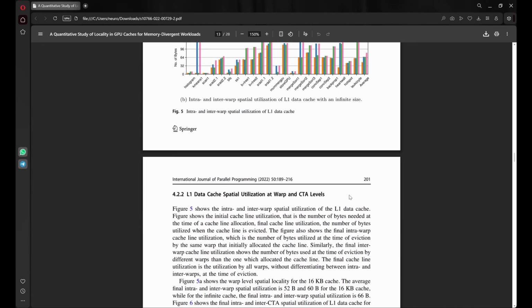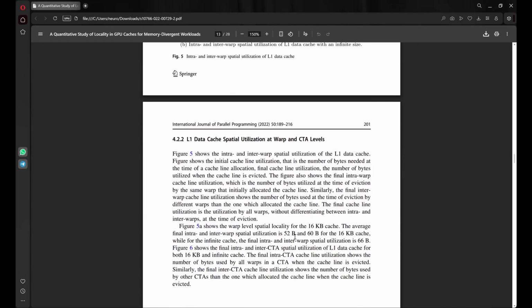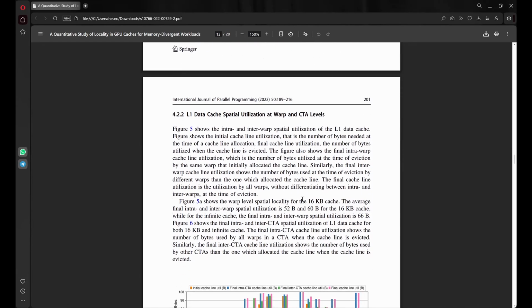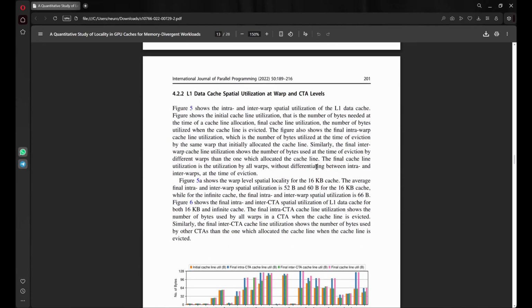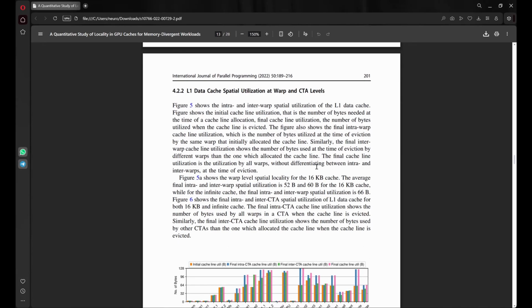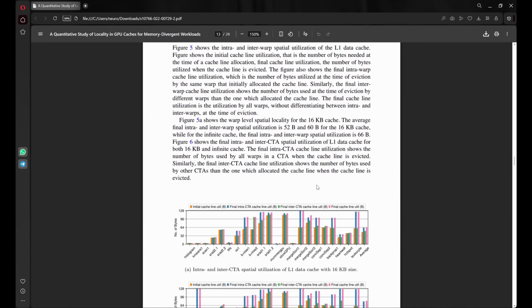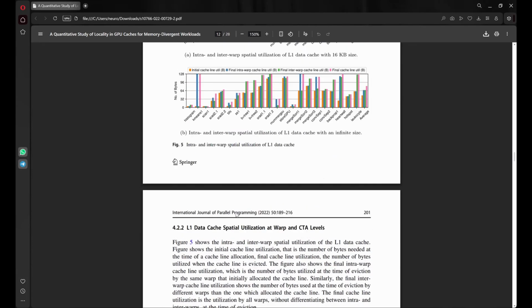But yeah, so they look at the intra and inter-warp spatial utilization for the 16 kilobyte cache. It's pretty much the same kind of structure throughout. They'll test the same conditions both with infinite and 16 or 128 kilobyte cache. But specifically, they're looking at L1 in this graph over here.